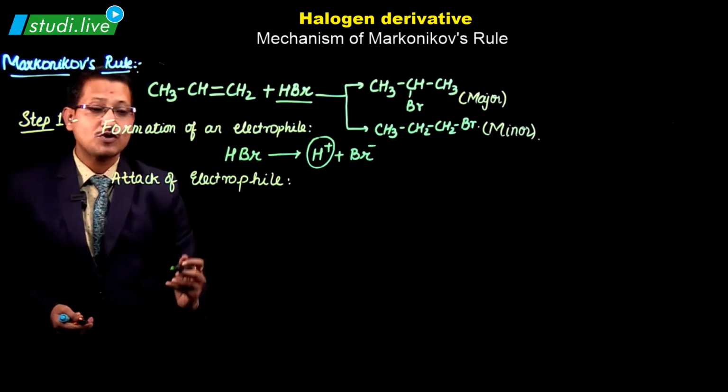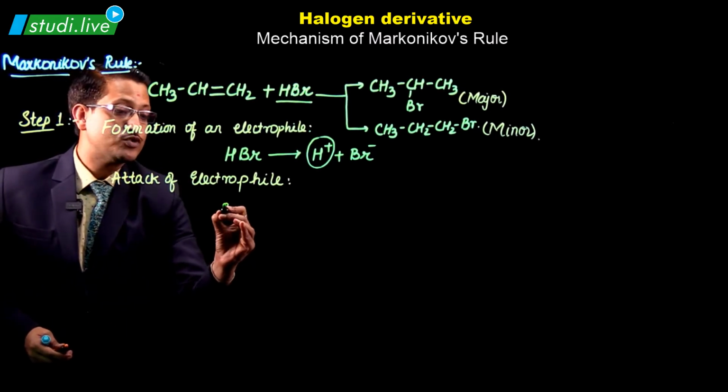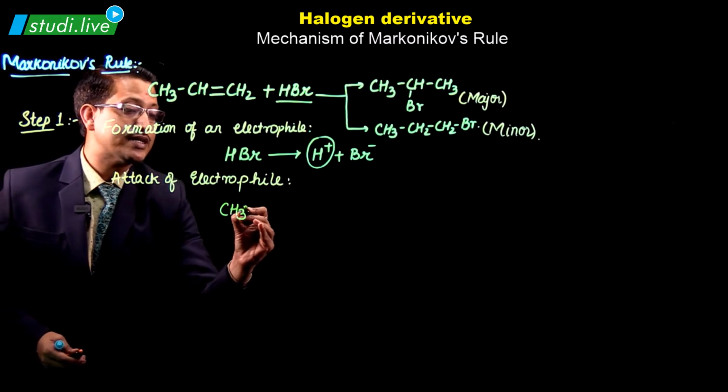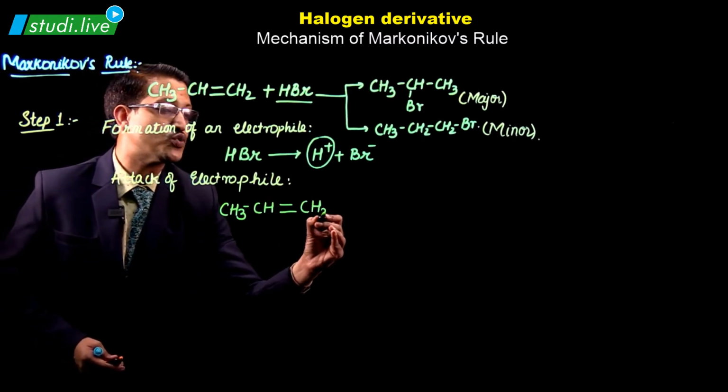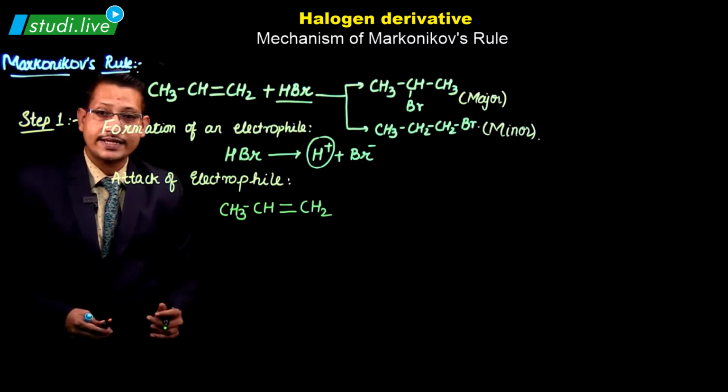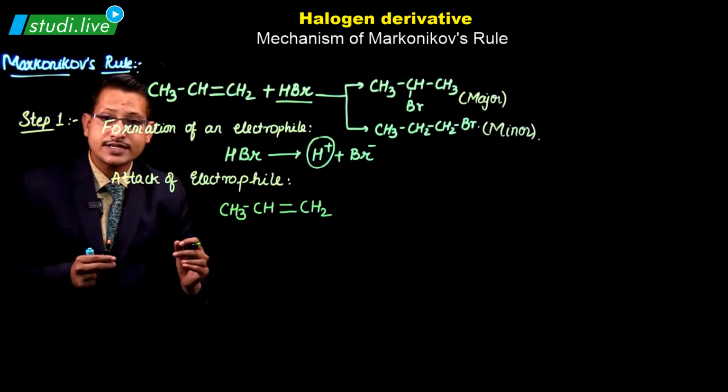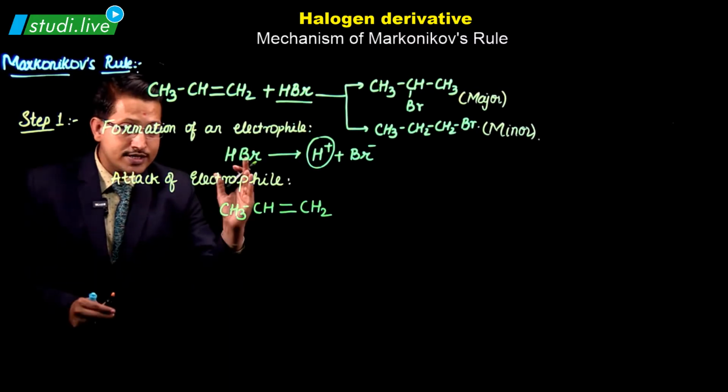Let's take the example of the alkene we are referring to: CH3, CH, double bond CH2. This alkene is an example of an unsymmetrical alkene.